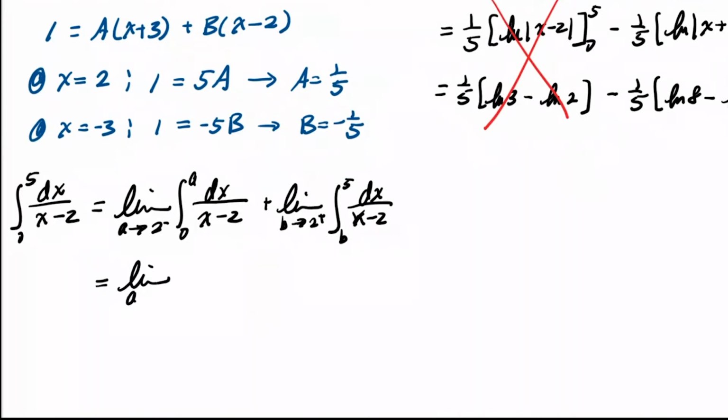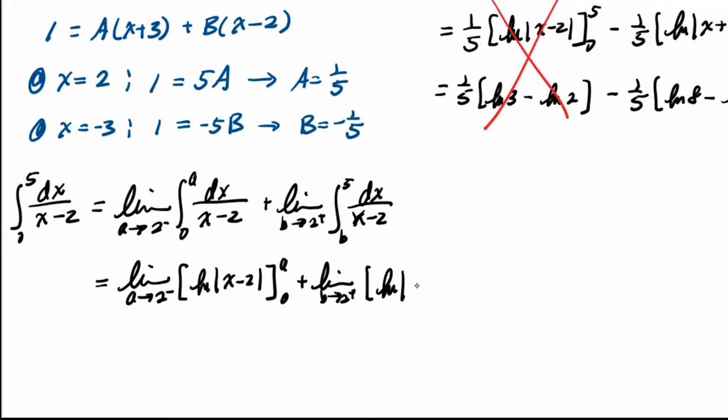So the limit of a approaching 2 from the left-hand side, and this is ln, and we are still sure of the absolute value of x minus 2, from 0 to a, plus the limit of b approaching 2 from the right-hand side, ln of x minus 2 from b to 5. So far so good.